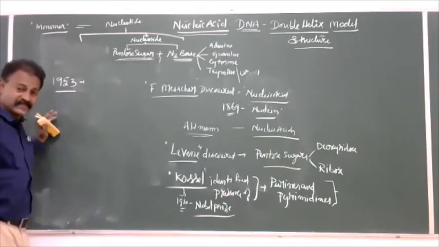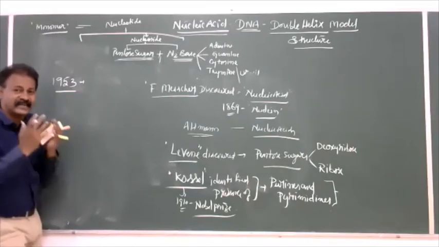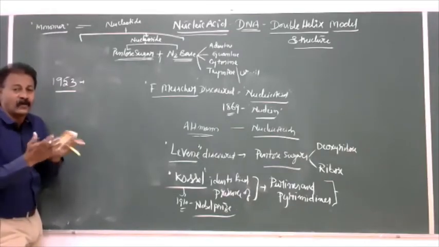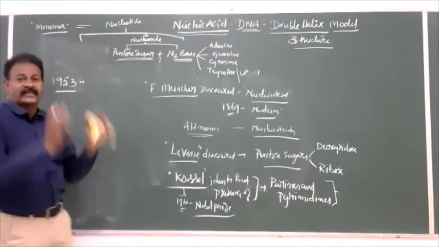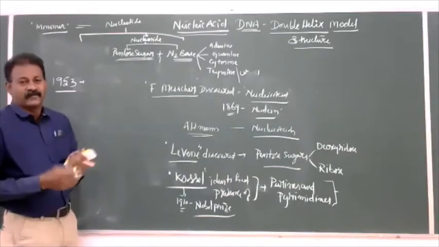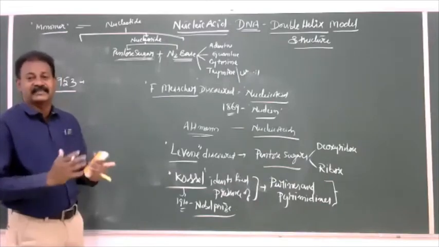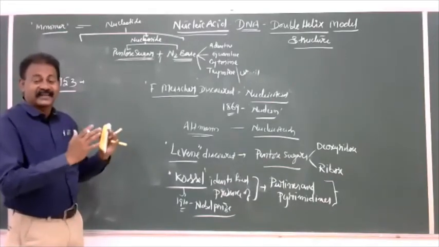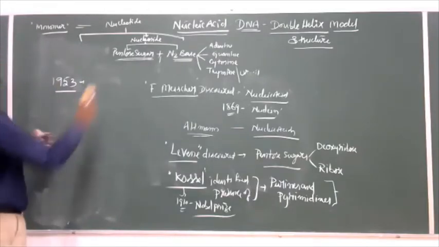But there was no clear-cut idea or picture of how DNA or nucleic acid is made up, how it is structurally arranged, with what it is made up of, what is its model. For example, human being is like this, animal is like this, plant is like this, how is DNA? They were having illusions.